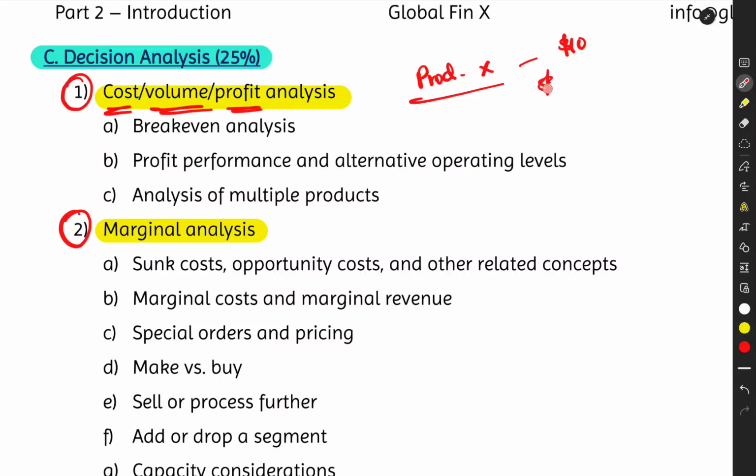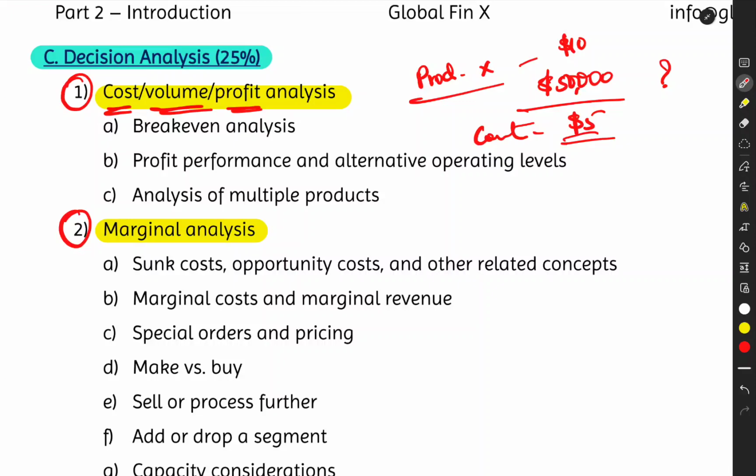We are going to incur a fixed cost of $50,000 for the period, and we are going to get a contribution margin, sales minus variable cost. So contribution margin of, let's say, $5 per each unit. So how many units we have to produce to recover our cost and to break even, no profit, no loss?